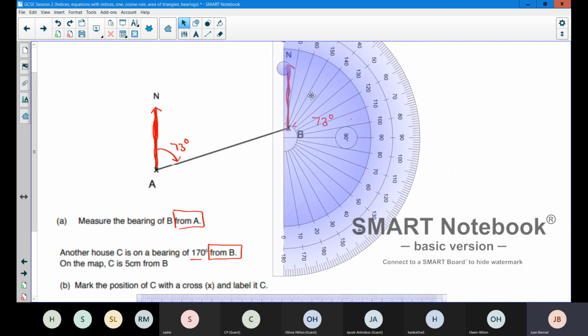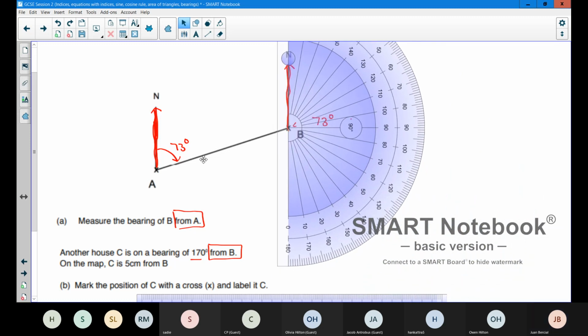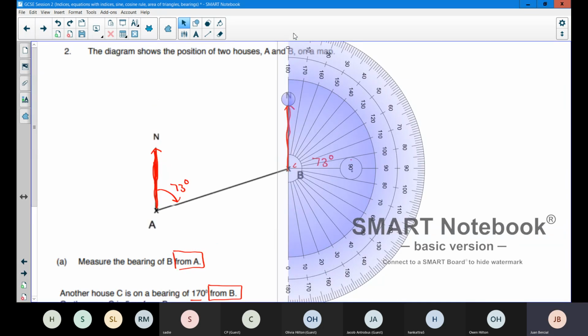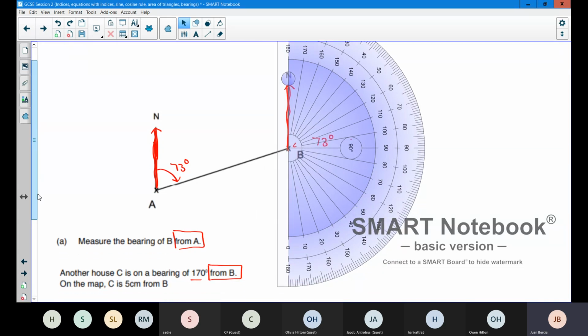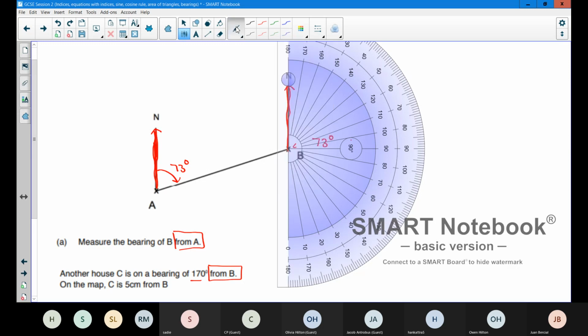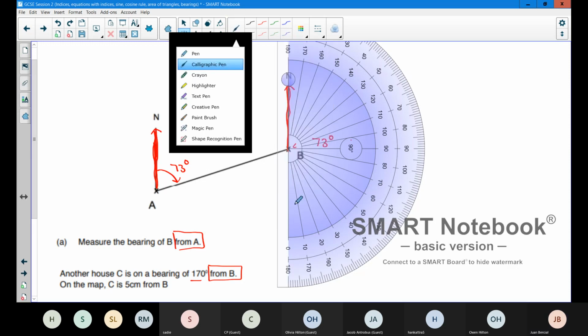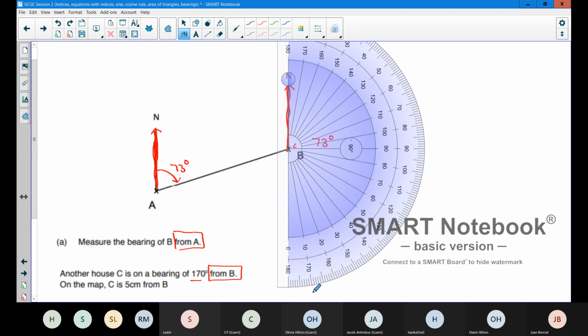So I'm going to move my protractor. Remember, clockwise from north, so that's 0, 40, 60, 70, and I go all the way to 107. So that should be indicated there.